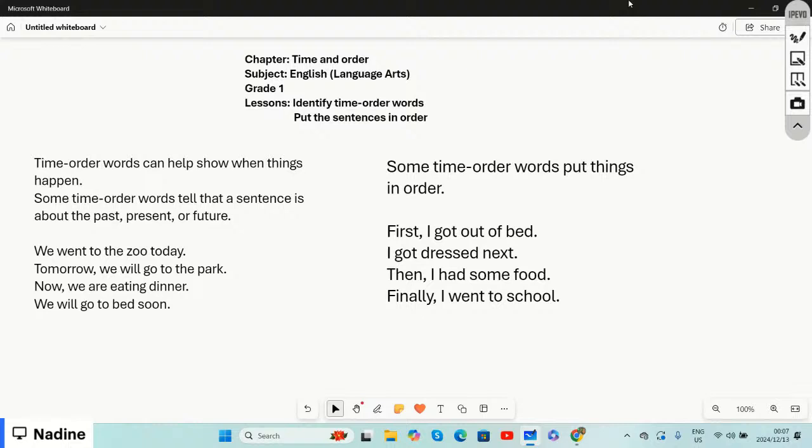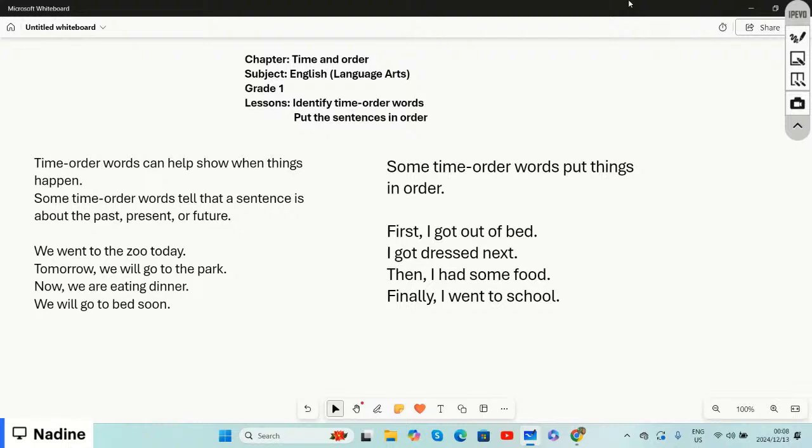Also, let's say, for example, you are doing something, and you want to tell us what you did during the day. Then you can maybe say things like, this morning I woke up, then I brushed my teeth, later, now I'm getting dressed and getting ready for school, tomorrow we'll be doing something.